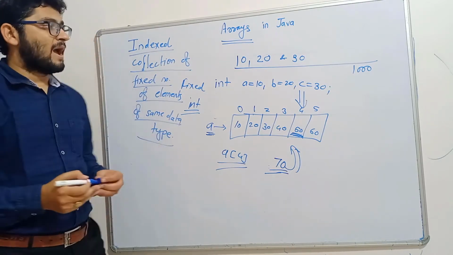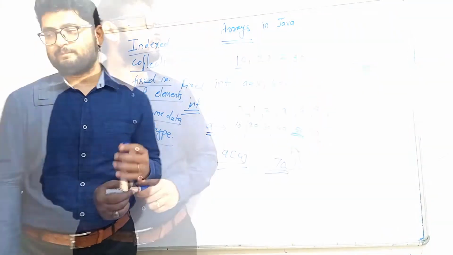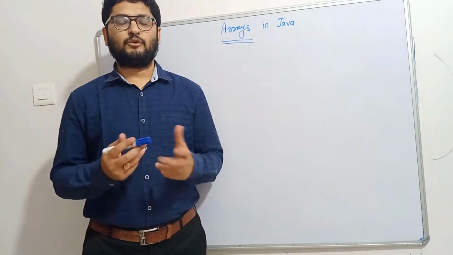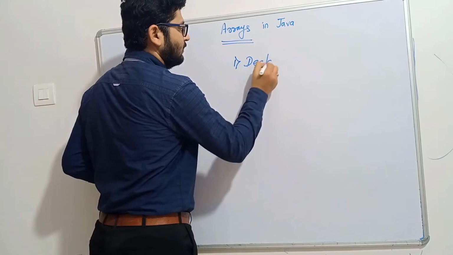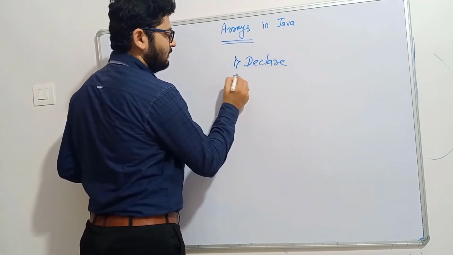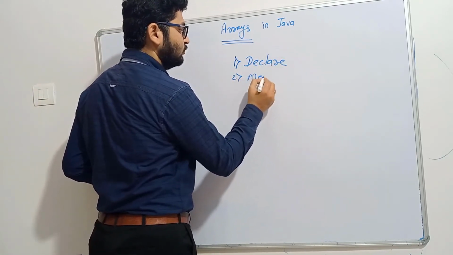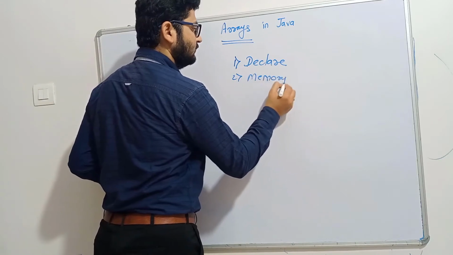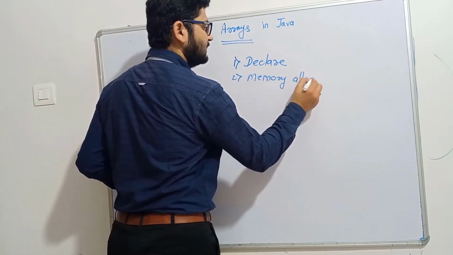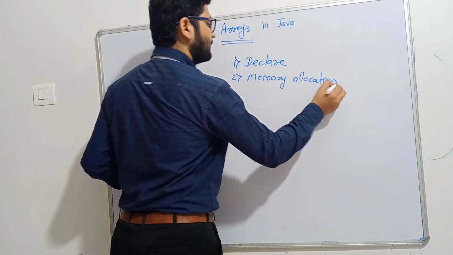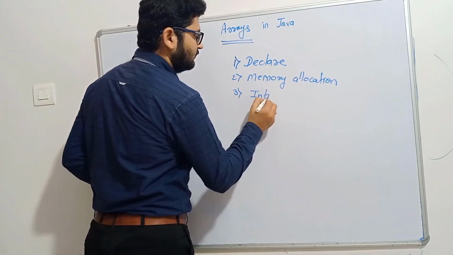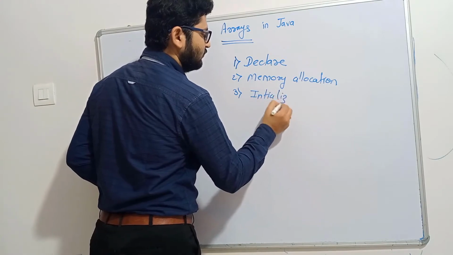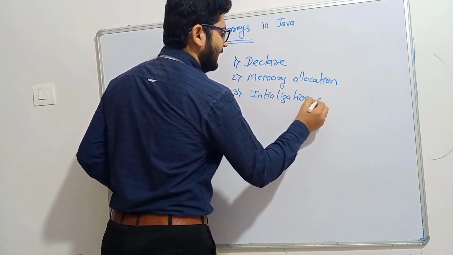Now let us see how arrays are used in Java. In this session we are going to see how to declare an array in Java, then how to allocate memory to an array in Java, that is memory allocation. Third, we are going to see initialization of an array.